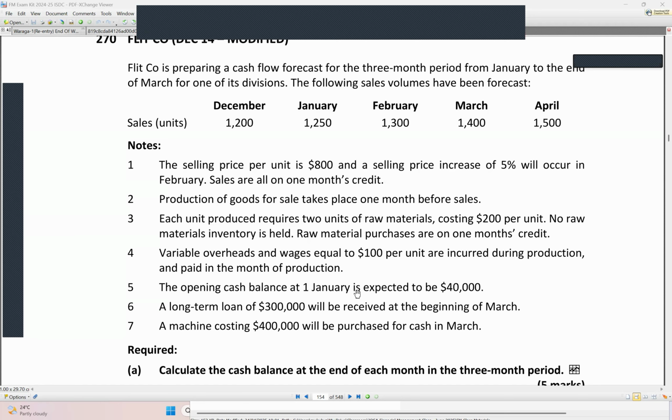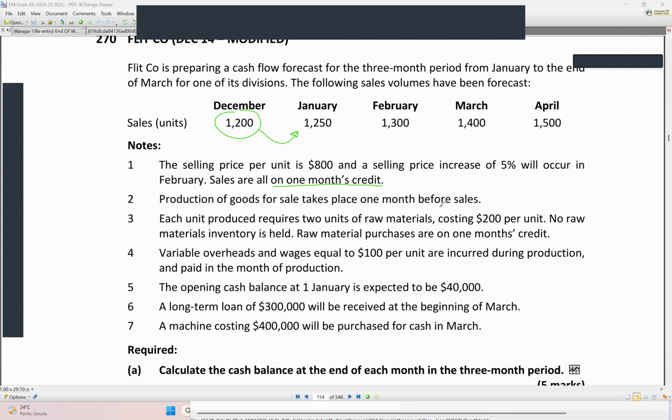Now, although we need January, February, March, we have prices now. For example, the sales are on 1 month credit, which means that the sales of December will be paid in January. Production of goods for sale takes place 1 month before sales.